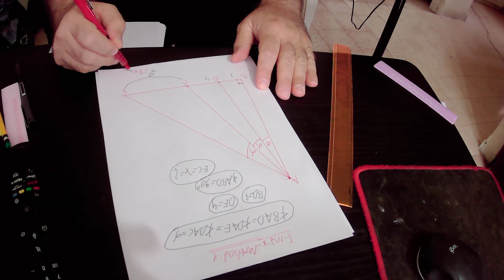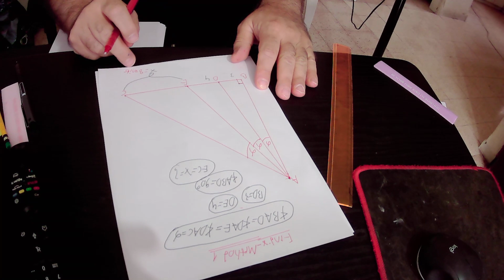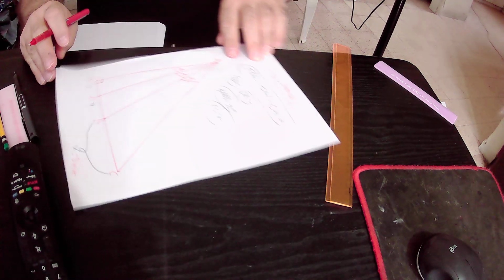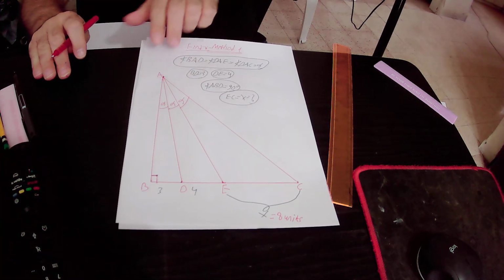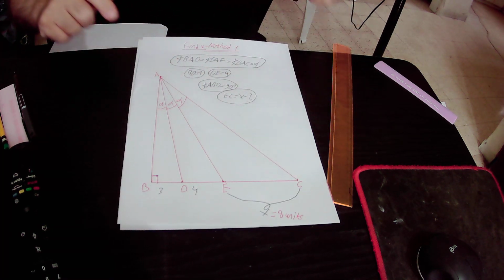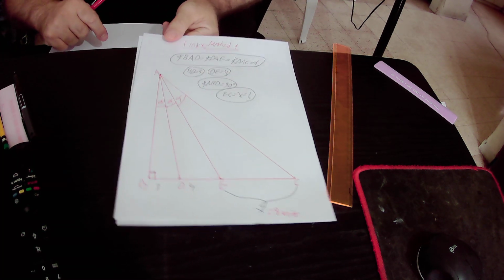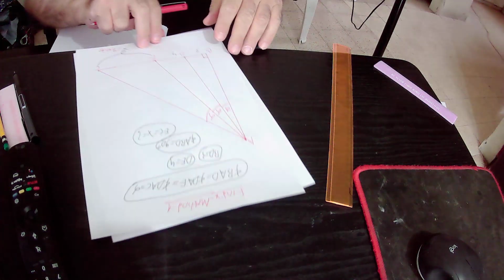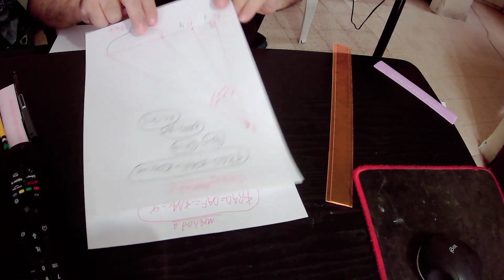Actually x, that equals EC, equals 8 units. That was the answer to the question. We finished with method 1.